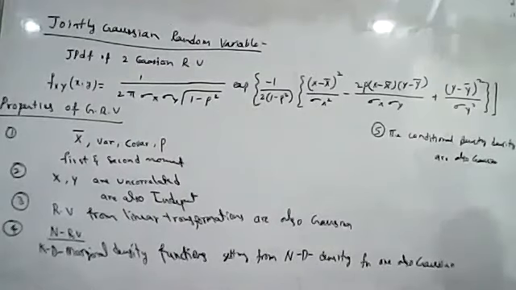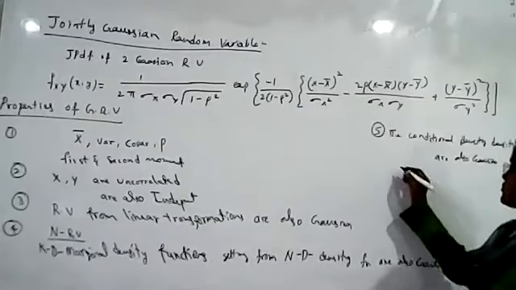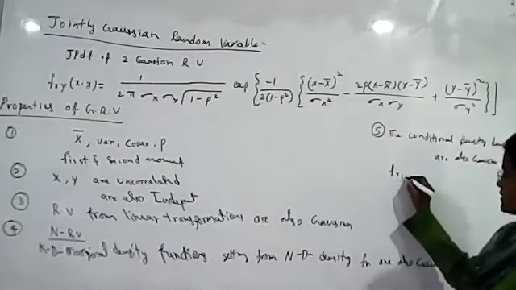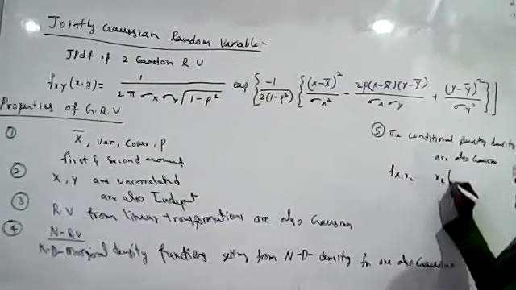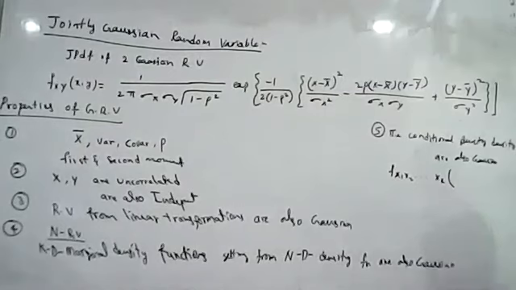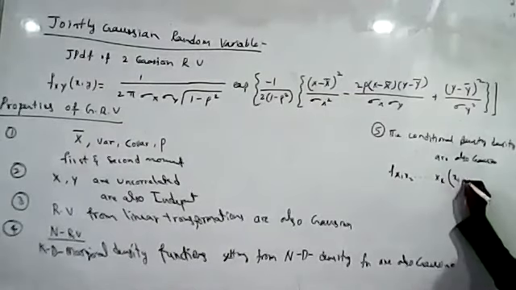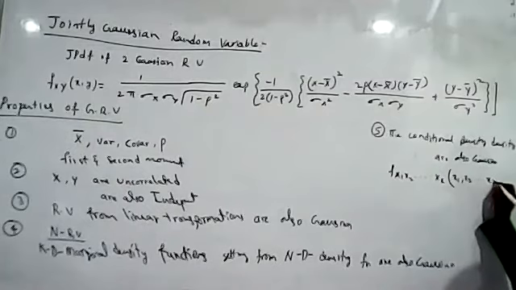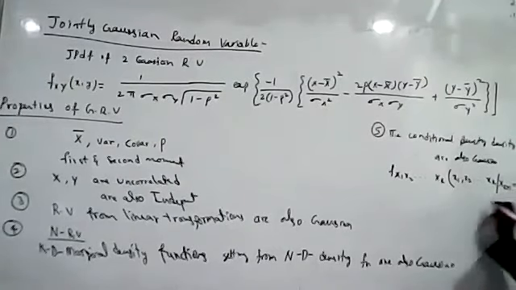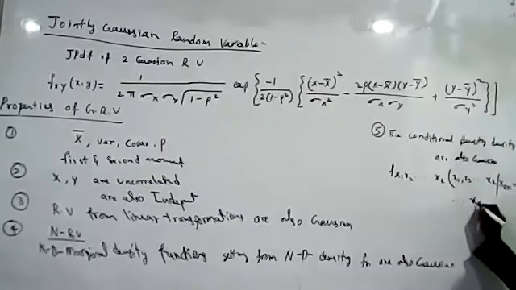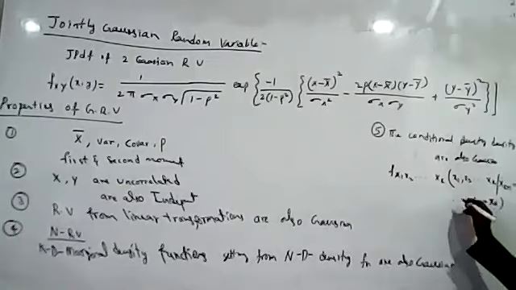And the fifth property says that the conditional density functions are also Gaussian. How do you obtain the conditional density function?